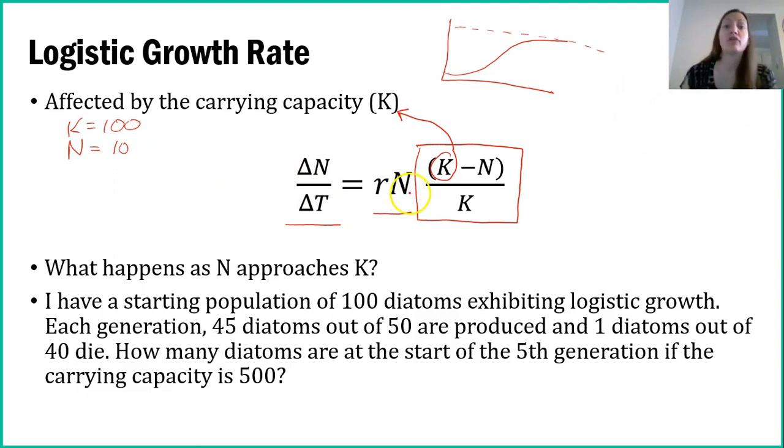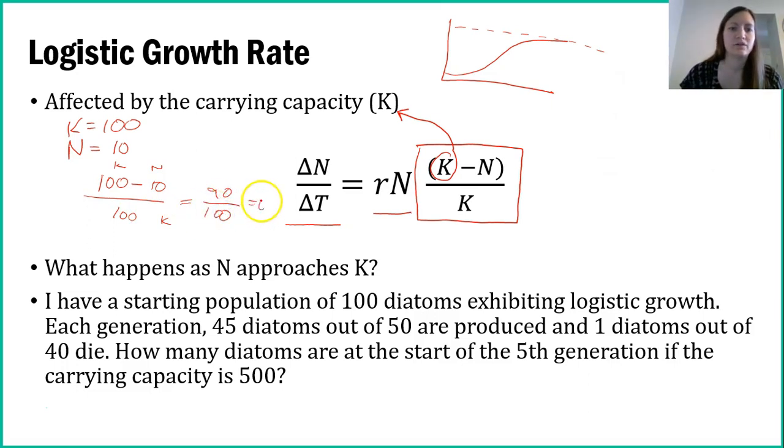And let's just solve that term. We have a carrying capacity of 100 individuals, but right now we only have 10 individuals. We're pretty low compared to the carrying capacity. So if I solve for this term, we have 100, which is K, minus 10, divided by K, which is 100. So this is 90 over 100, which equals 0.9.